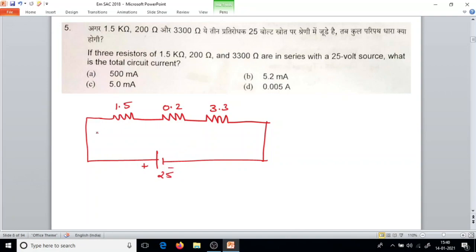What is the total circuit current? In a series circuit, current is the same. This I we have to find out. What is I? I equals V by R. What's the voltage? 25.